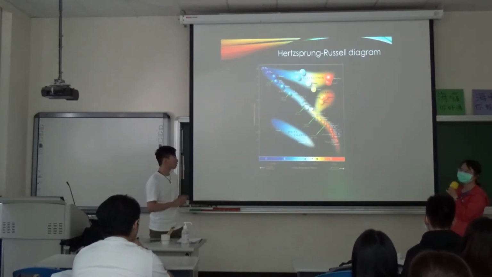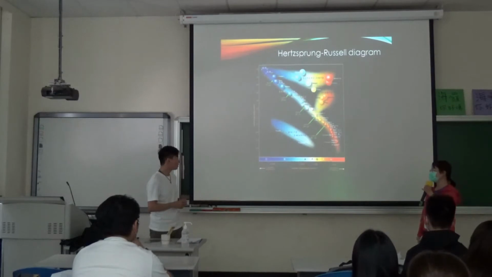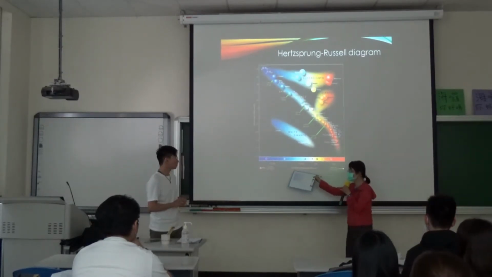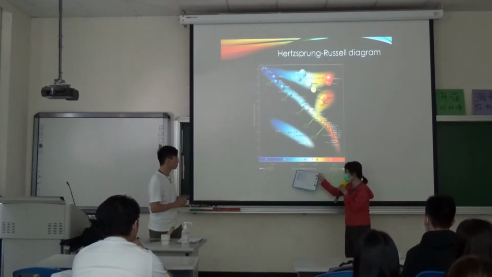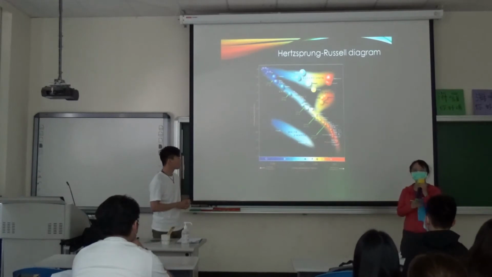Well, we will explain later what kind of temperature this temperature refers to. Actually it's written here, in very small text: surface temperature. So it means the surface temperature of the star.